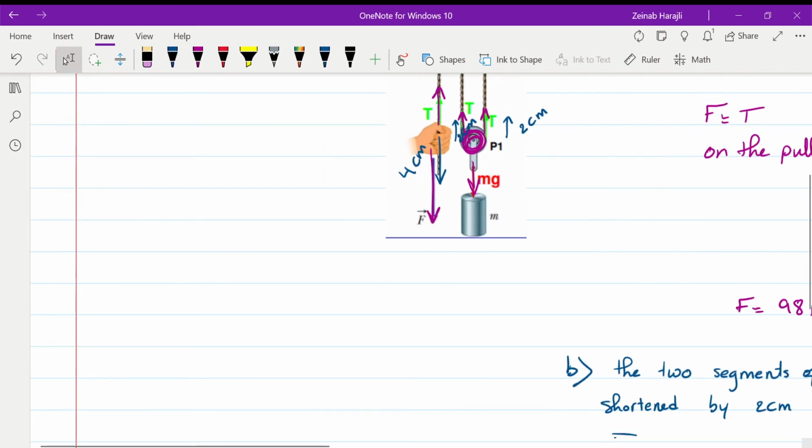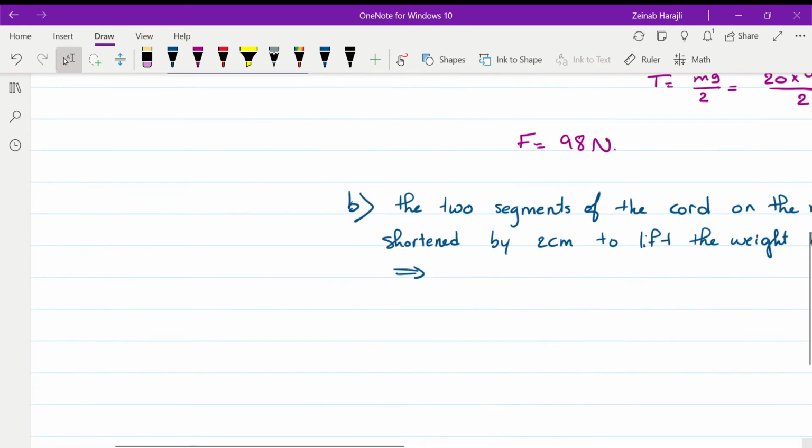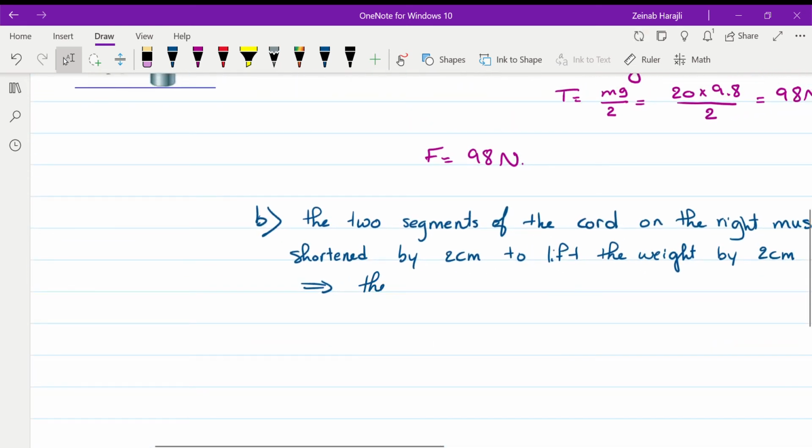So the left side of the cord should be pulled down by 4 centimeters.